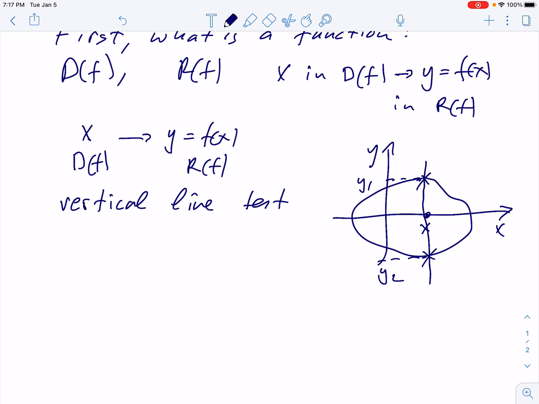Now, we want to define one-to-one functions.